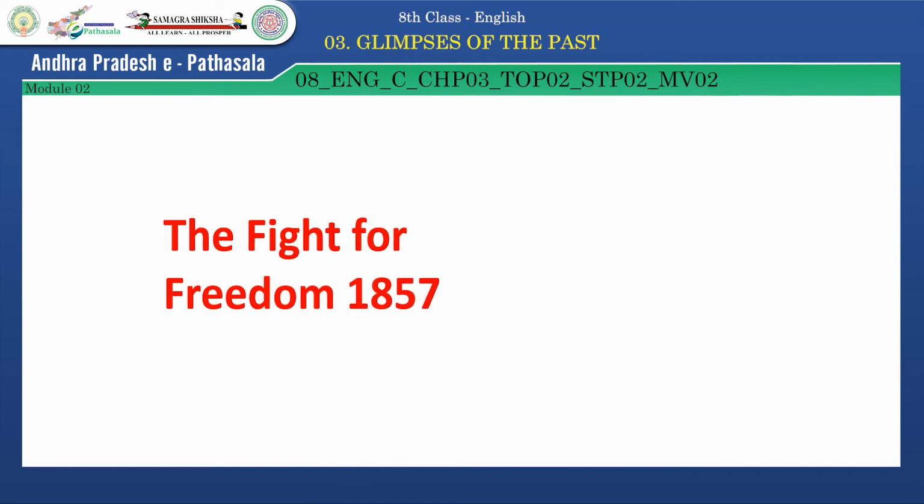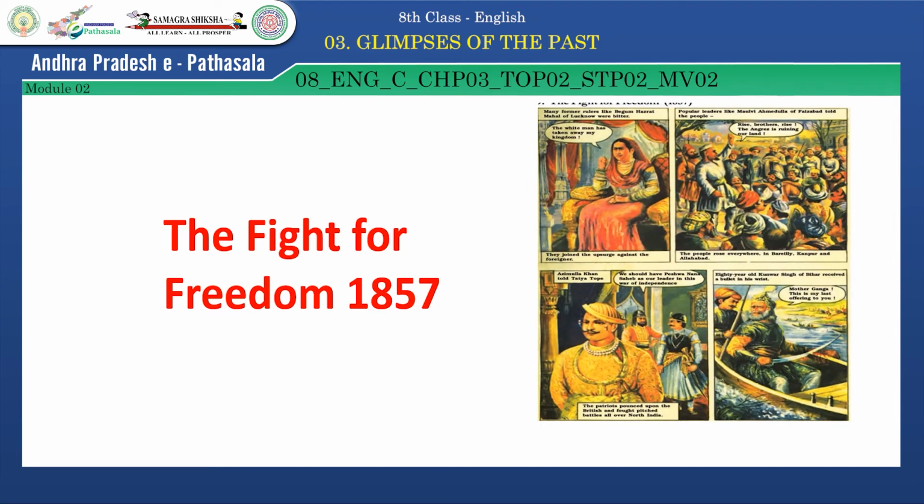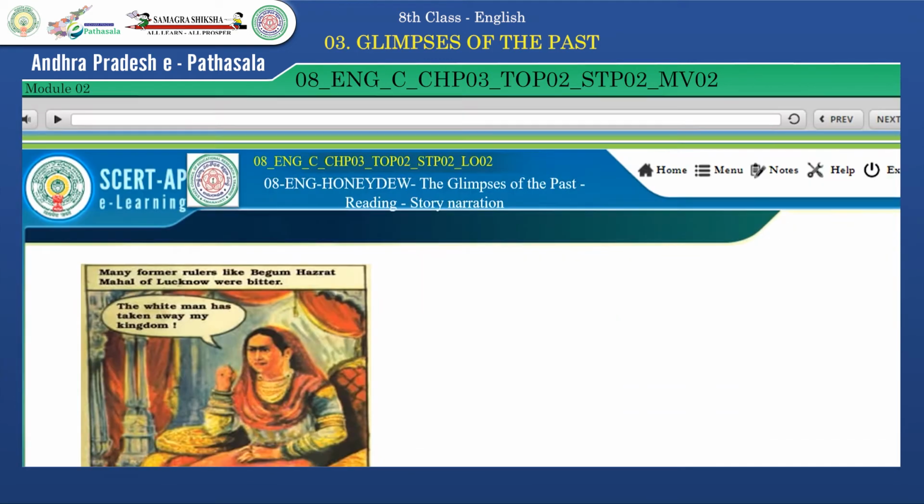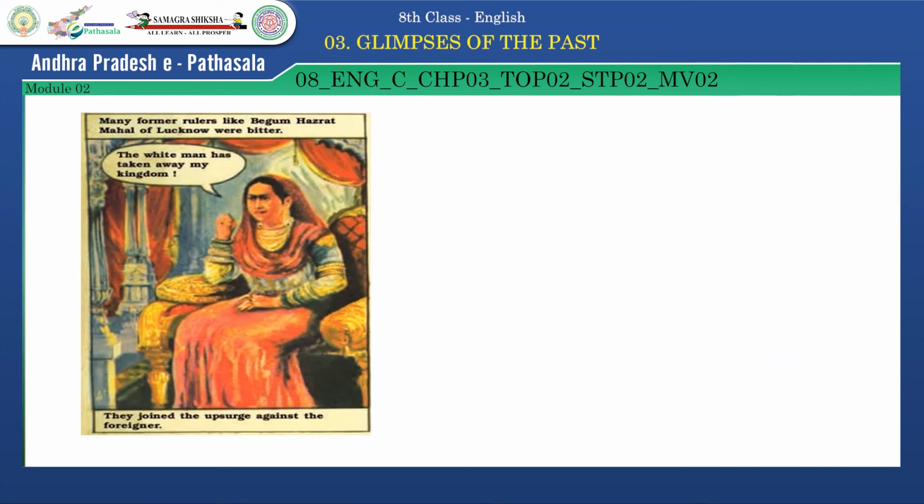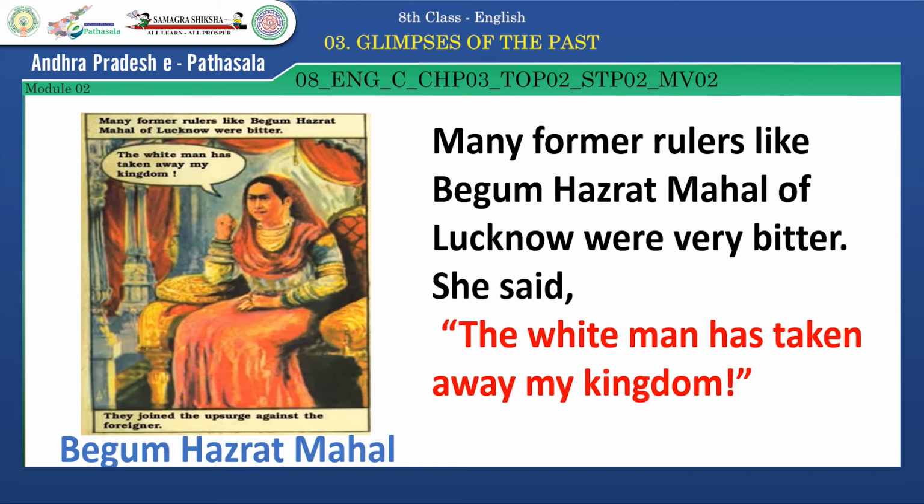Now let's see the fight for freedom, 1857. Many rulers like Begum Hazrat Mahal of Lucknow were very bitter. She said, "The white man has taken away my kingdom."